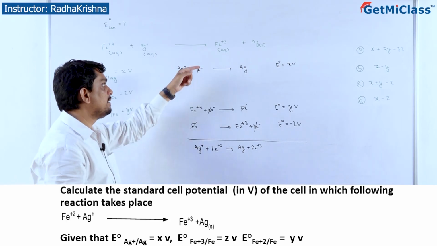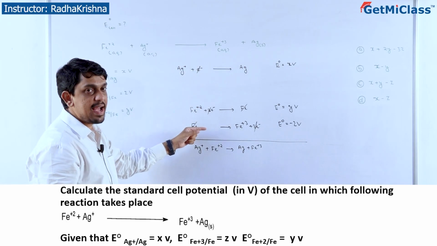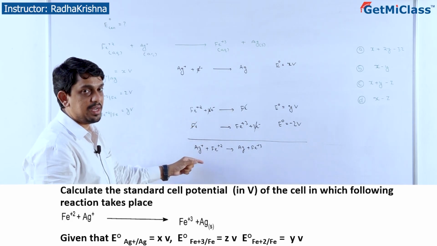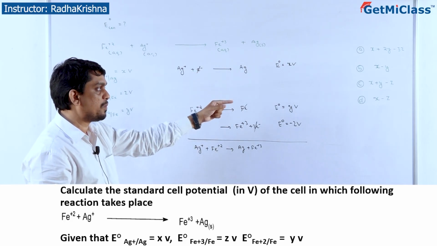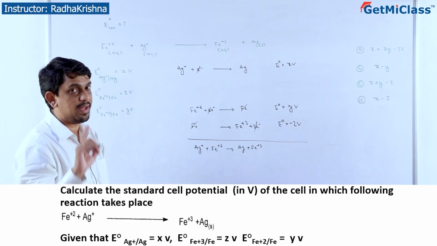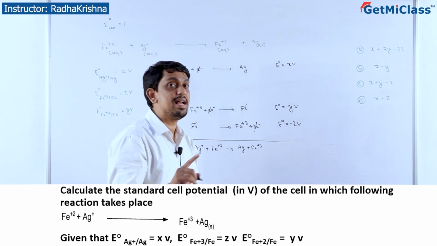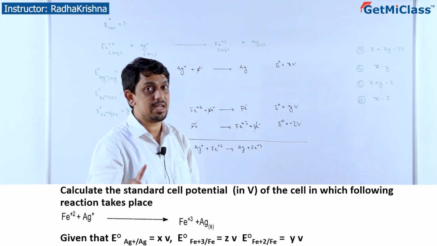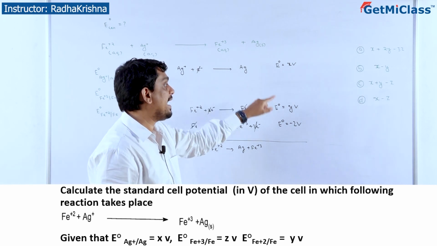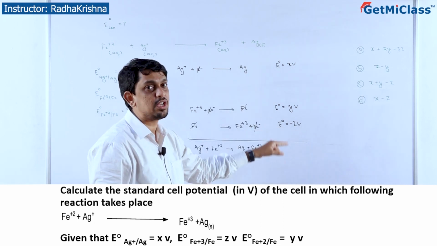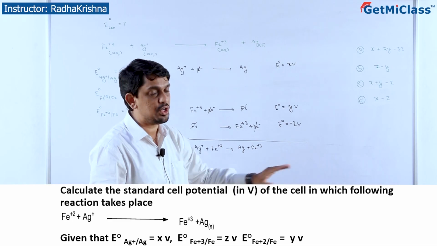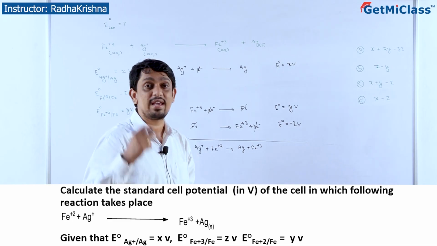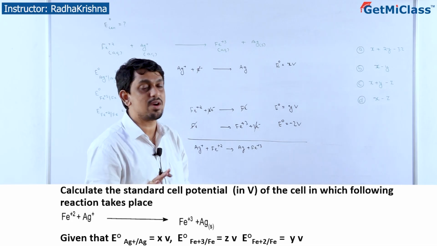Now I know that when I add electrode reactions, I get the cell reaction, but when I add electrode potentials, you won't get the cell potential, because potentials are not summative. You cannot add potentials to get the final resulting potential. Energies you can add up, but potentials you cannot add up.